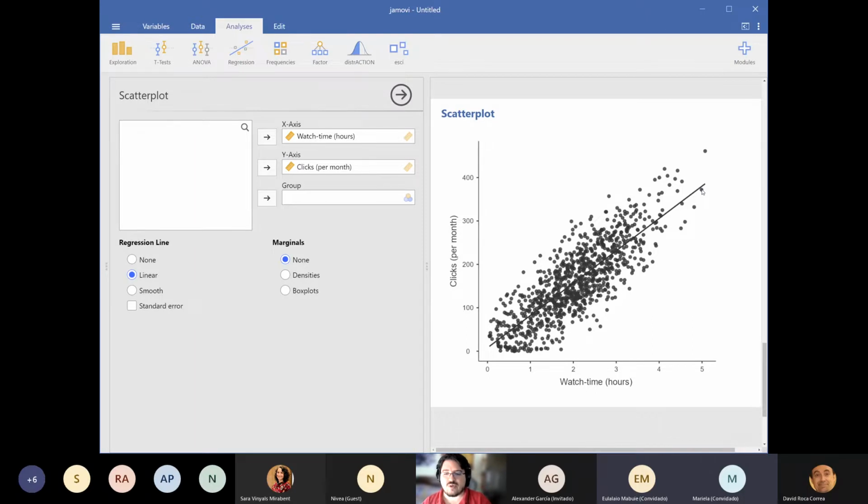There is a line that we can draw on top of this cloud of points that minimizes the overall distance from the points to the line, okay?